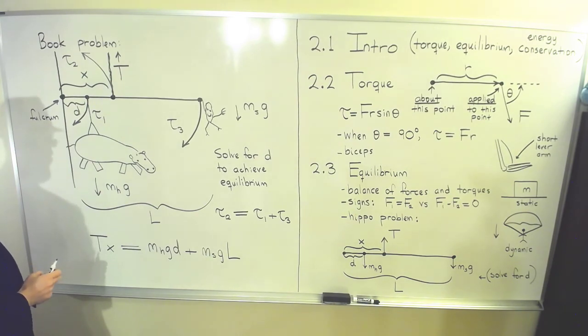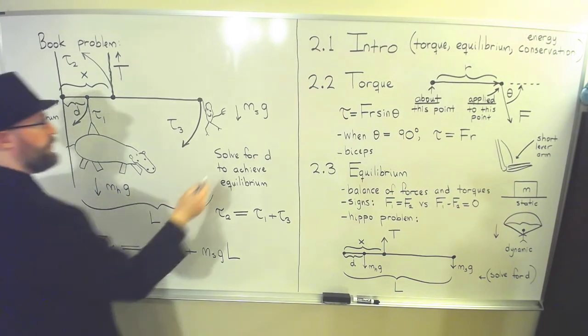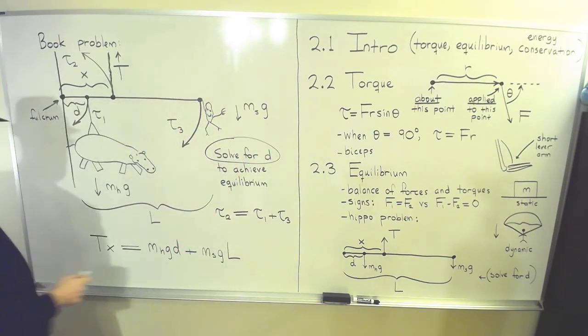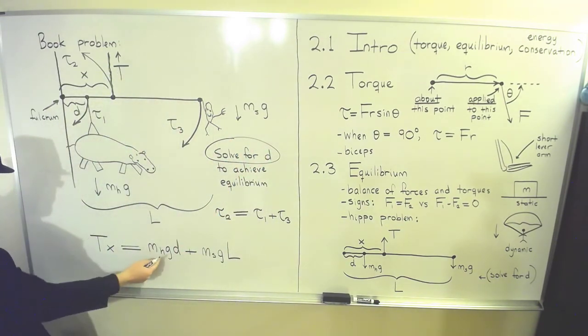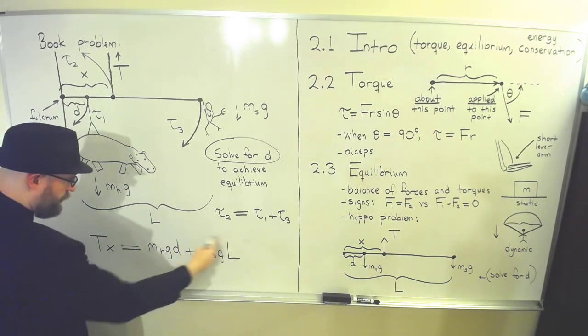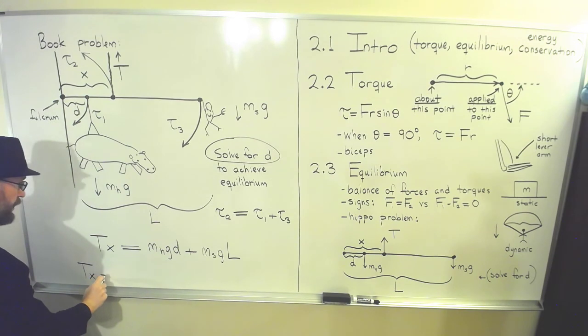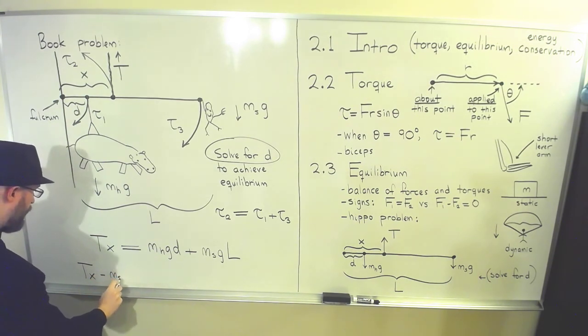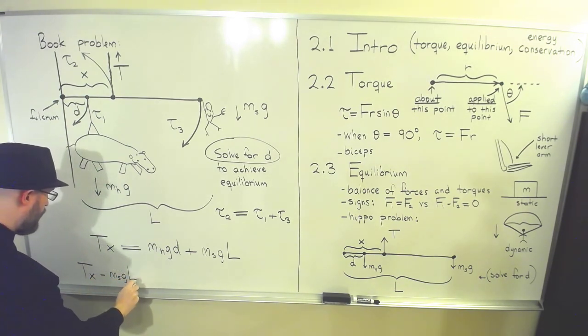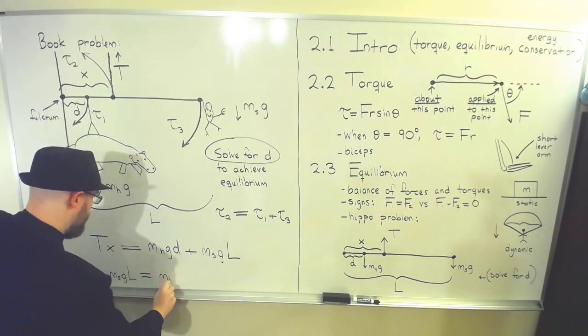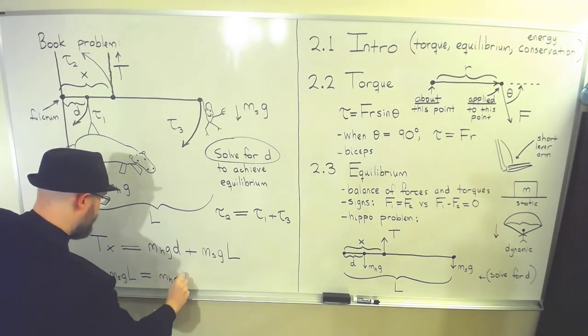Now, what we wanted to solve for is d. So the way I could do this is I can write, first I move this part here over to the other side of the equation. So I say Tx minus mc g L equals mh g d.